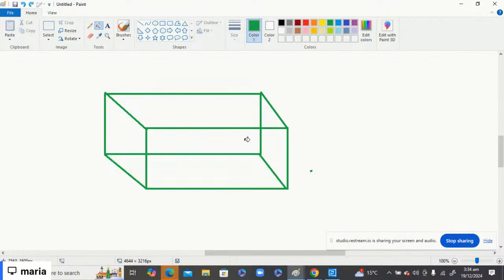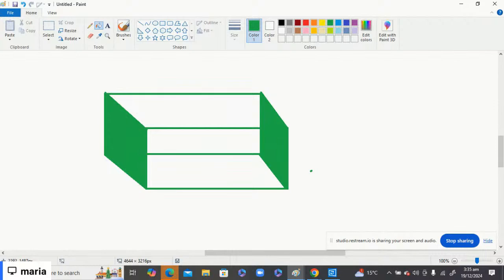Now the back side. This is the back side of this. Full back side, okay? This is the left side of this. This is the right side. Top, bottom, left, and right. And back and front.